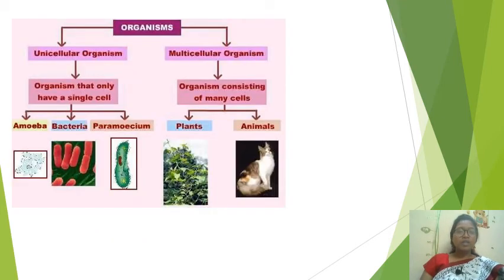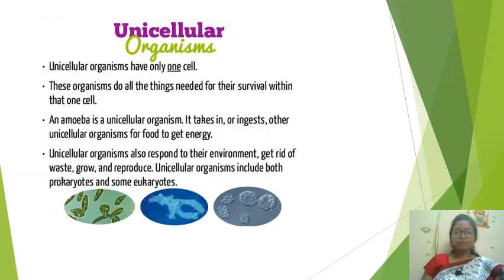Now, you can see unicellular organisms are made up of a single cell, and the examples again: amoeba, bacteria, and paramecium. Multicellular organisms are made up of many cells. Examples: plants and animals. Let us take the example of amoeba. Amoeba is a unicellular organism.